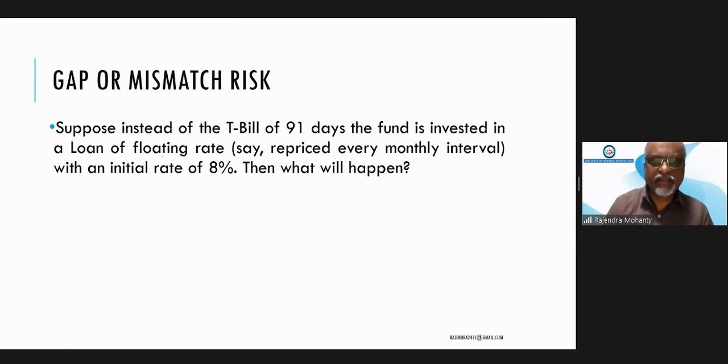Okay. So the deposit is 91 days, but the loan is an 8% earning loan whose interest rate changes every month. So think of the fact, within 91 days, what will happen? Decrease or increase?